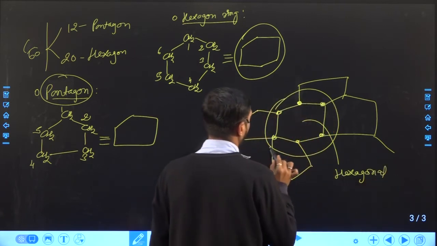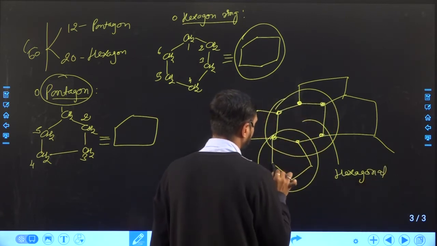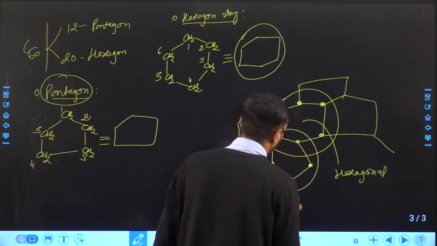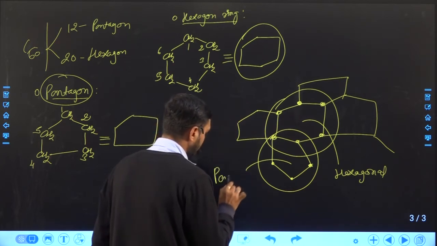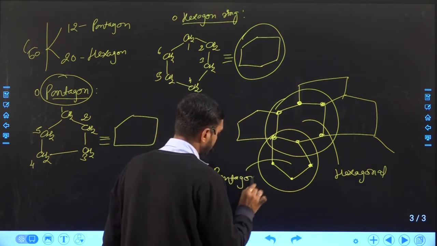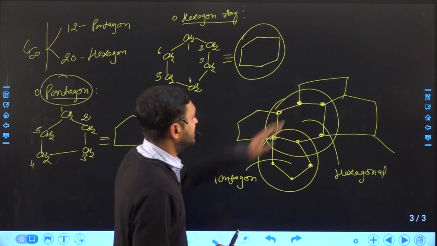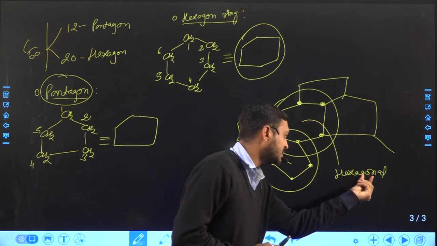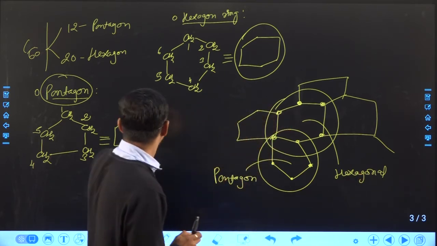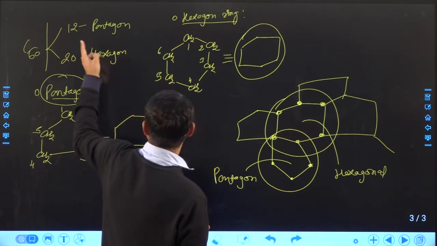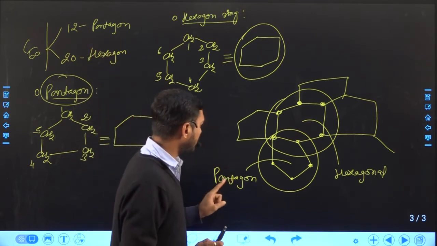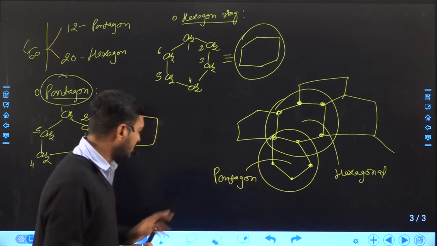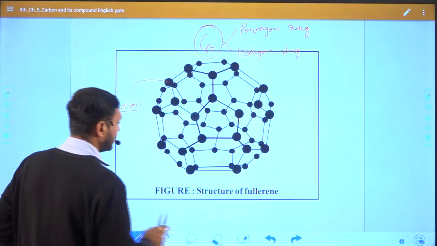While if we consider this one, this is a pentagon ring. So in the fullerene structure, a total of 20 hexagonal rings are present, while pentagon rings total 12. So this is how the structure of rings is made.